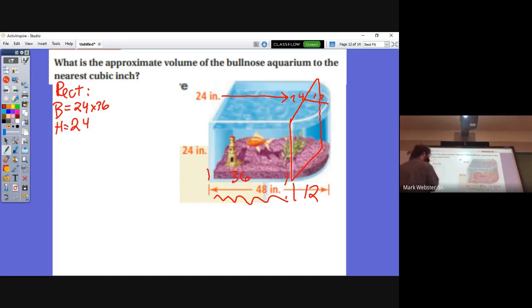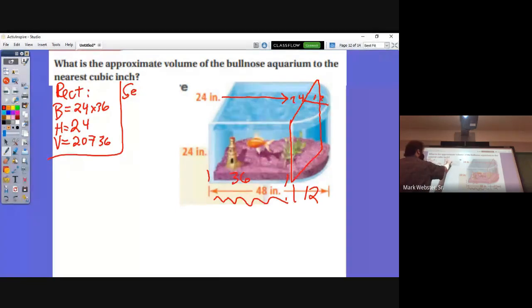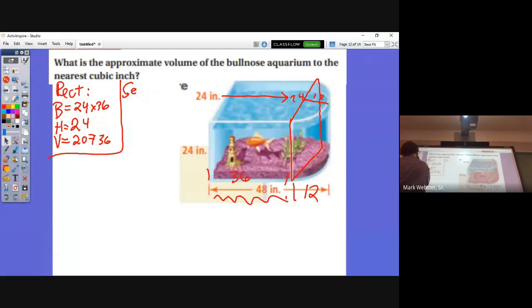And so we can figure out that the volume of that rectangular prism is whatever that multiplies out to be. 24 times 36 times 24, right? So we end up with this part being 20,736. And now let's find the other part, with that semi, I guess it would be a semi-cylinder.